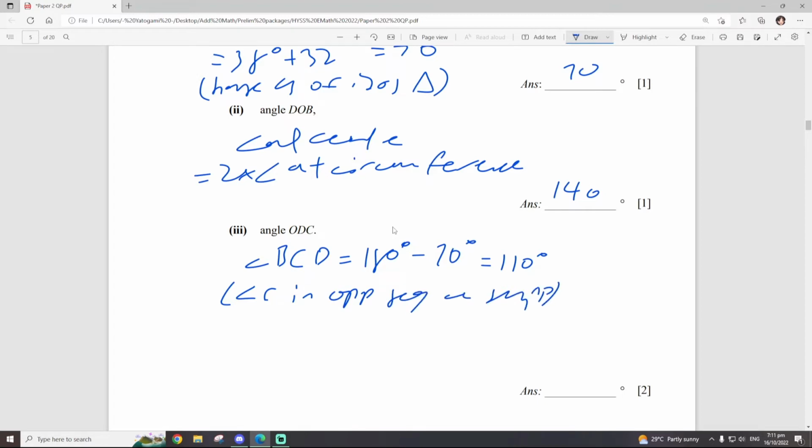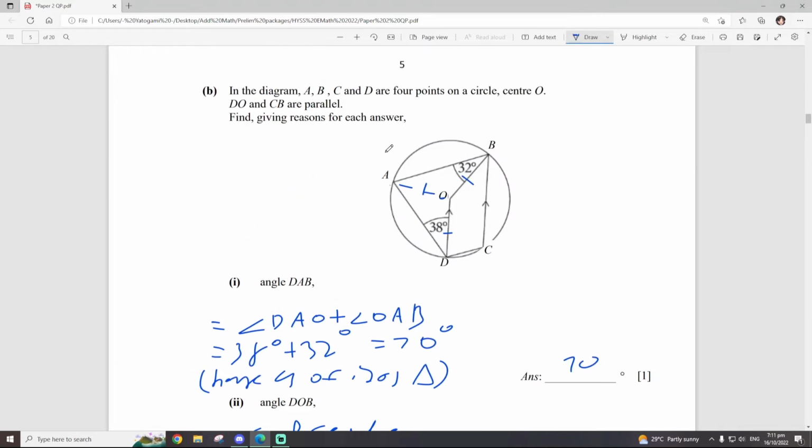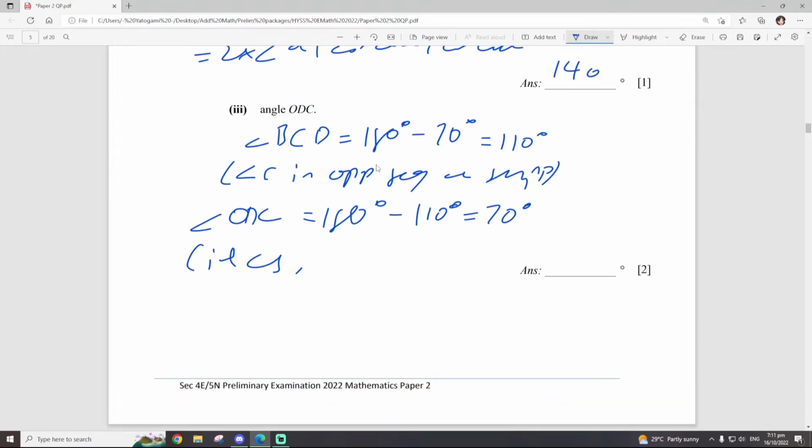Okay, and angle ODC is just the interior angle. So that will be 180 degrees minus 110 degrees, so we get back 70 degrees again, because of interior angles. And we are given DO and CB are parallel, right? So this is also going to be 70 degrees.